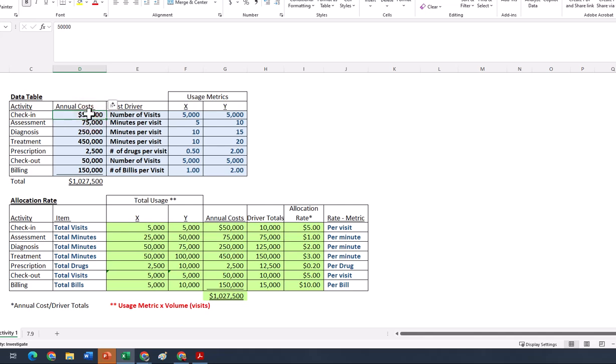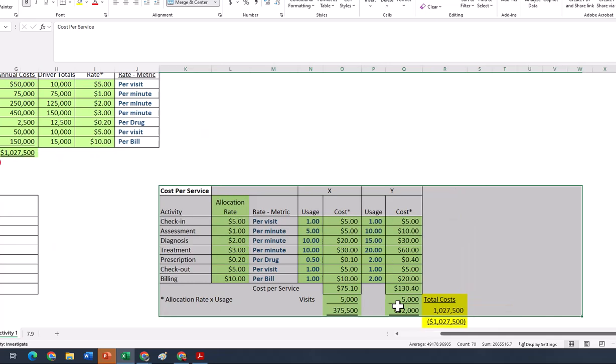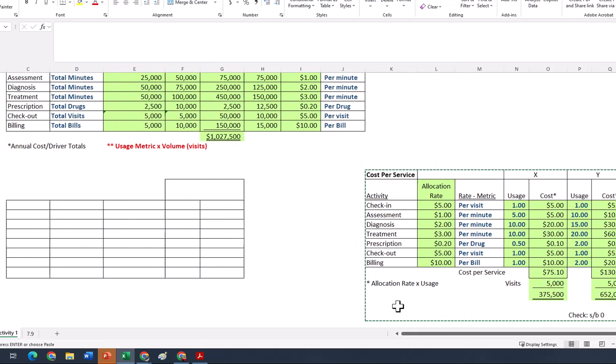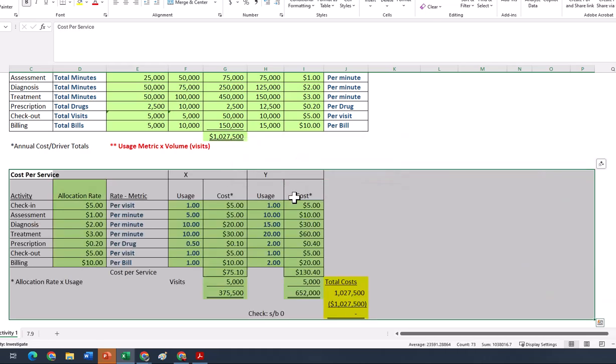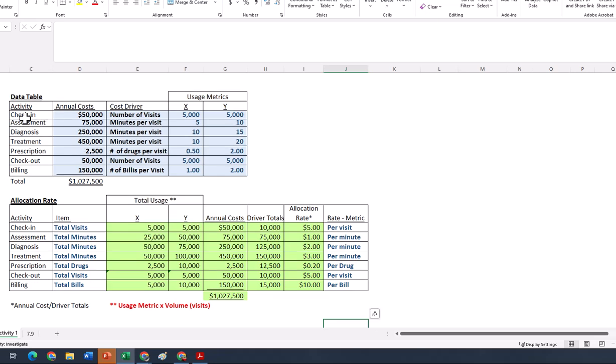Sorry, make this a little easier at the end. Okay, so we have our data table. I like clean, orderly data tables.